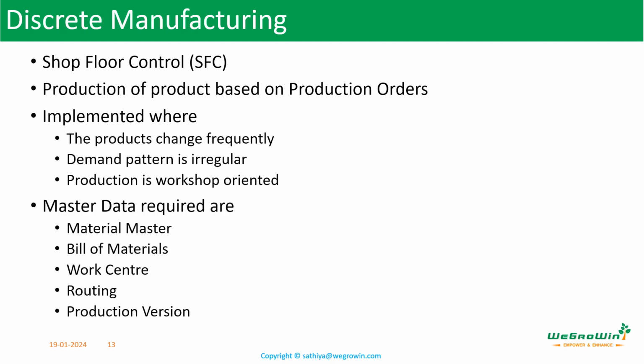The most important master data required for discrete manufacturing are material master, that is, what are all the materials we are using; bill of materials, that is the components or structure of materials used to produce the products; work centers, that is where the production is getting carried out; routing, which is a sequence of operations and how the production is getting carried out; and the production version. This is the combination of bill of material and the routing. In S/4HANA, production version is mandatory for discrete manufacturing and the subcontracting processes.